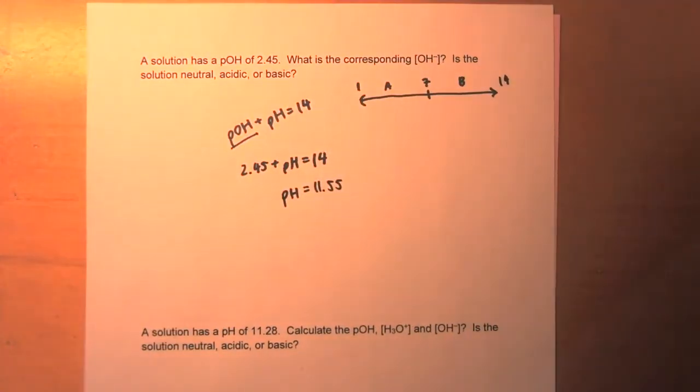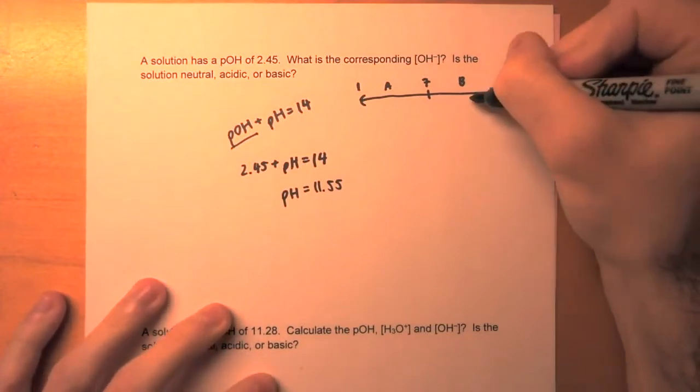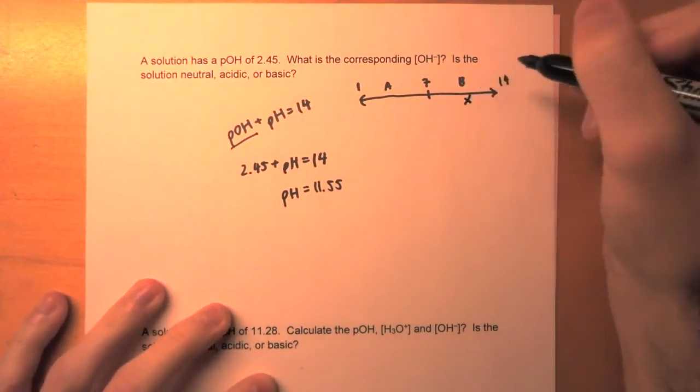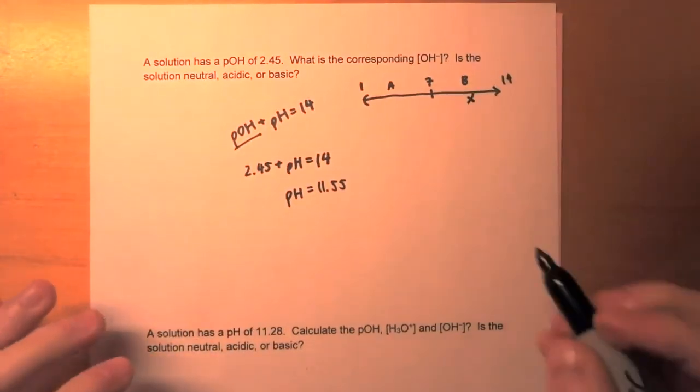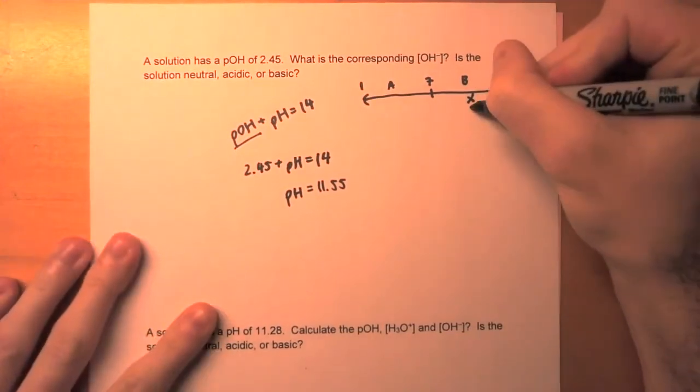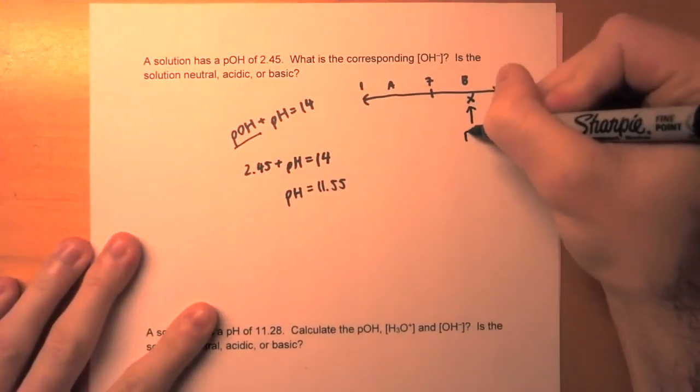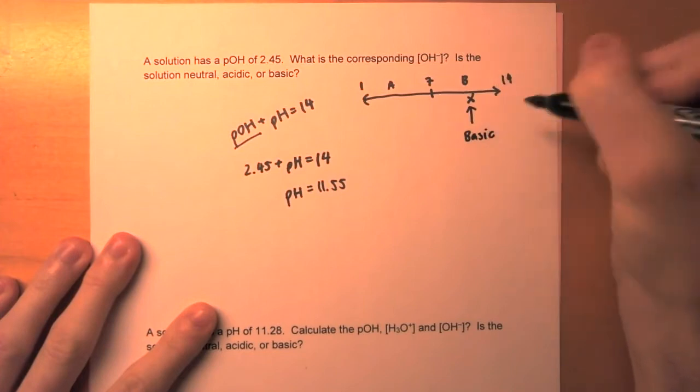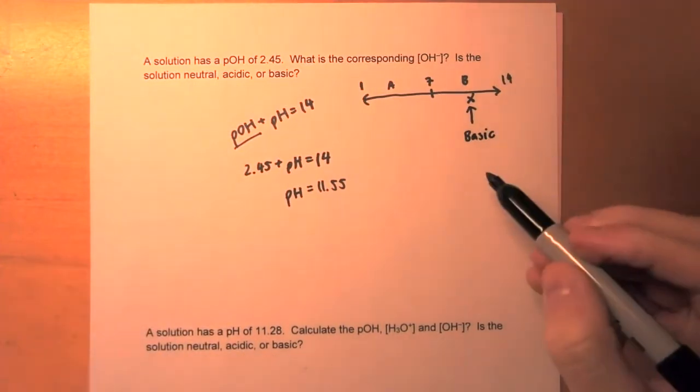So the pH is 11.55. We would be probably about right here. So is this solution neutral, acidic, or basic? Well, determining from pH, we know it's here, and we're on the basic side of the pH scale. So that answers that question.